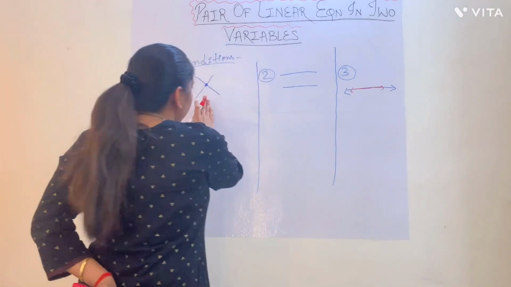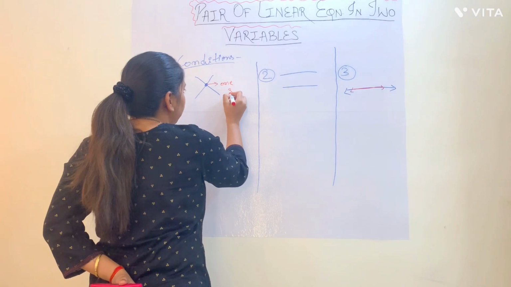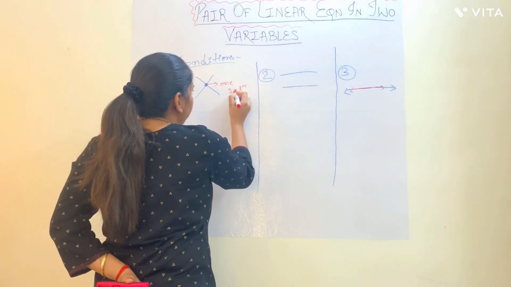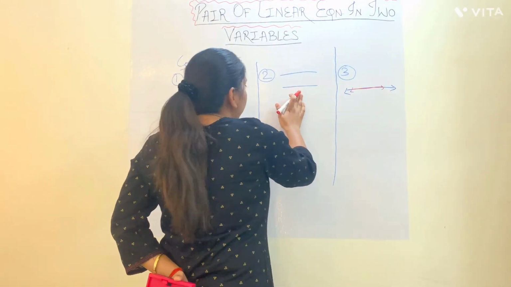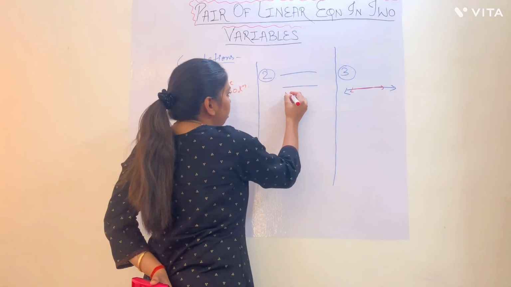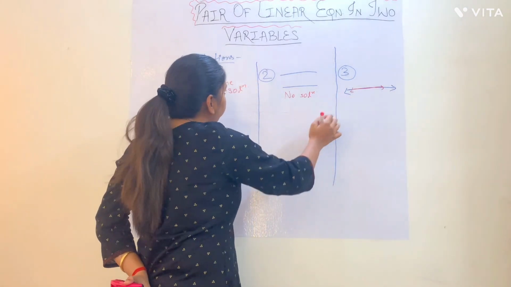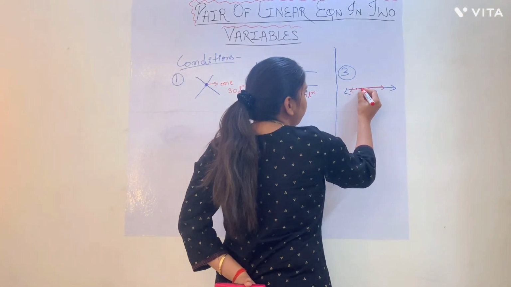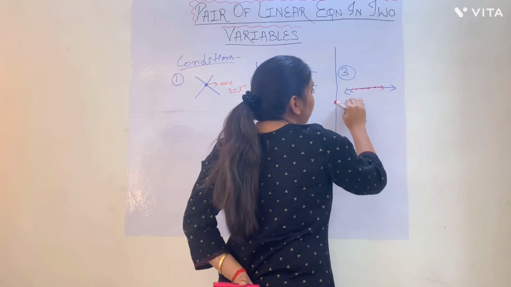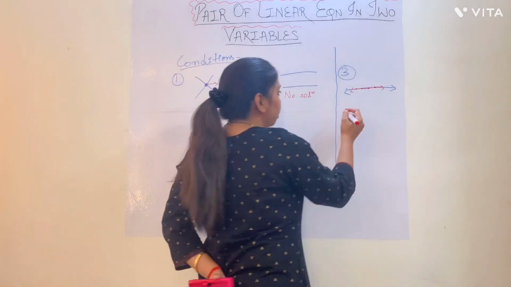You can see that here there is only one solution. And here there is no common point, so there is no solution. But here there are many solutions, because there are many common points in coincident lines.